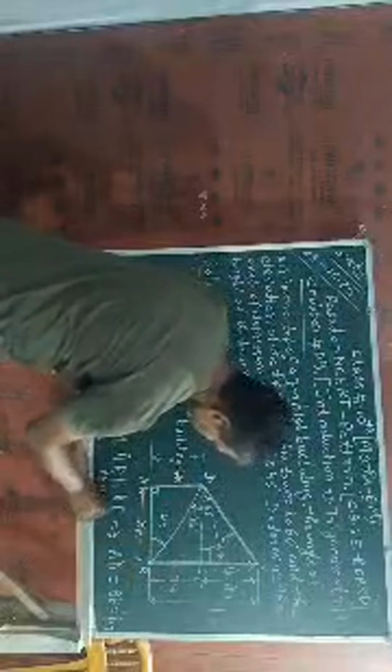This implies that DE is equal to AB, and its value I have assumed as x meters. So I will use x meters. In the place of DE, I will put here x.